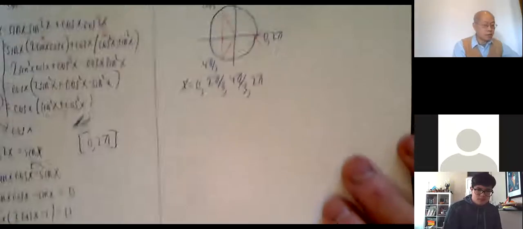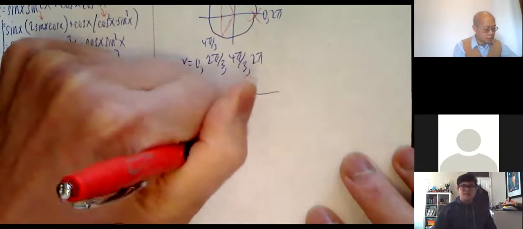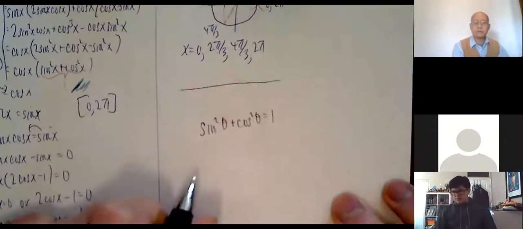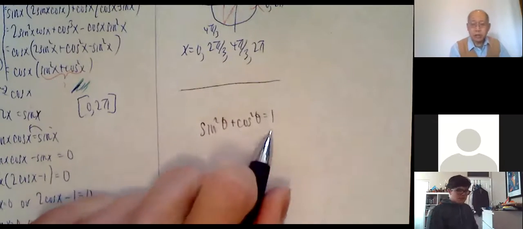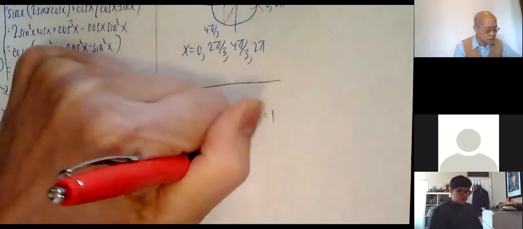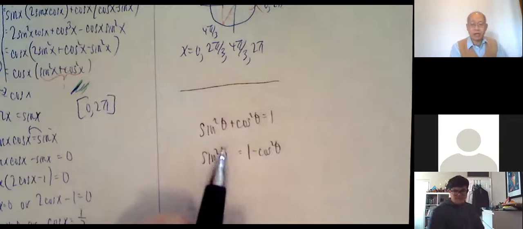Okay, so let me rehash something here. So a little timeout. We know sine squared theta plus cosine squared theta equals 1. Okay, so if I subtract cosine squared theta on both sides, I always have sine squared theta is equal to 1 minus cosine squared theta, if I need it. Right?